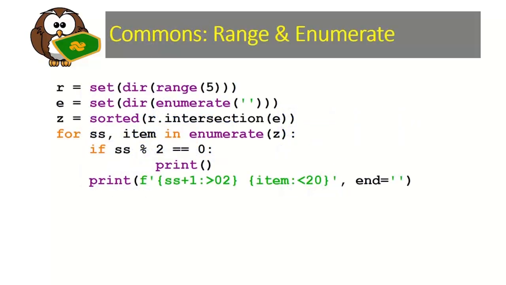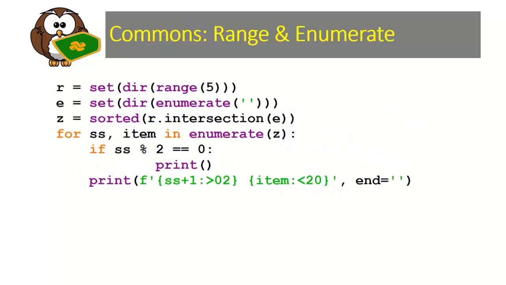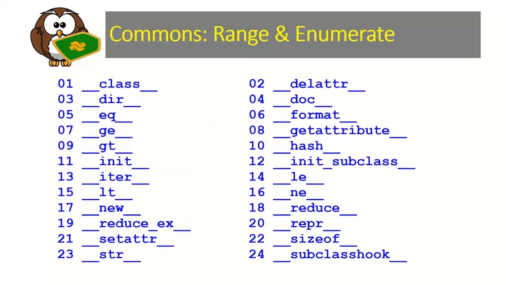We also have some interesting public member functions like index, start, stop, and step, keeping in mind that all index values are 0-based. And more interestingly, if we take a look at the intersection between range and enumerate, we see that we have a lot more in common than we may think.